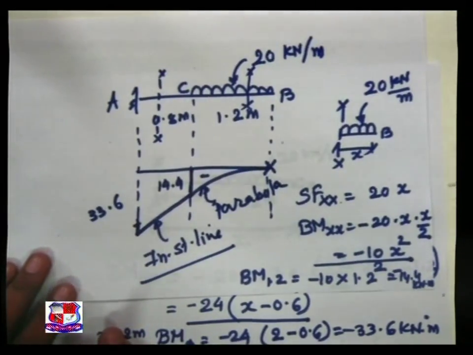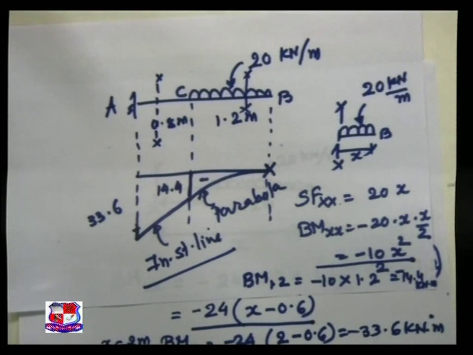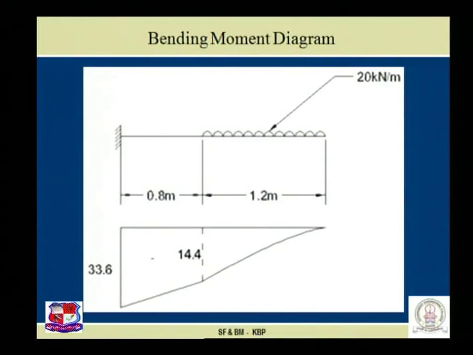Now we can easily plot the bending moment diagram by using our basic concept also. For this UDL, the variation is parabolic, and up to 0.8 meter there is no load acting, hence the variation is an inclined straight line.